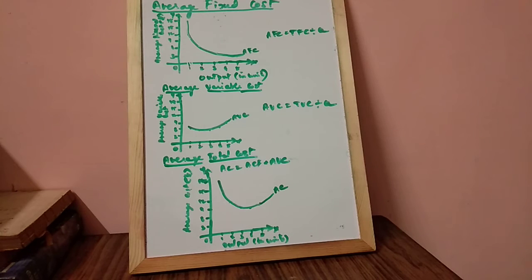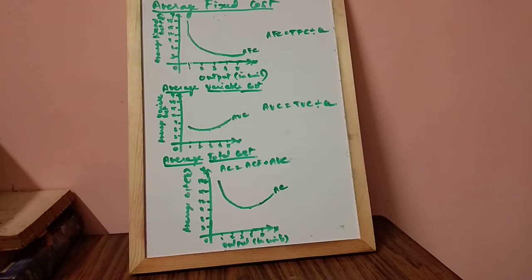That is what a hyperbola is. So the AFC curve slopes downwards as AFC falls with an increase in output. When output was 1, it was 12 by 1, 12. When output is increased to 2, 12 by 2, it becomes 6. That is, AFC falls with an increase in output.